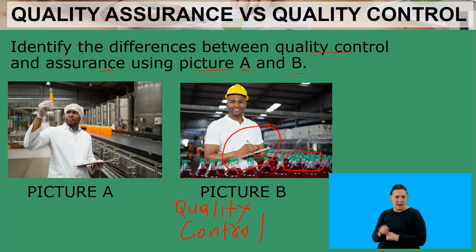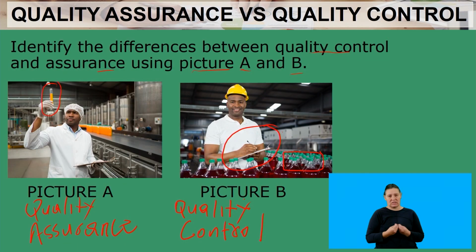But then when you are looking into picture A, they are inspecting the taste, the texture and the color of the soft drink. So that would be quality assurance. So that is your quality assurance, because the checks are carried out during the process of making the product.